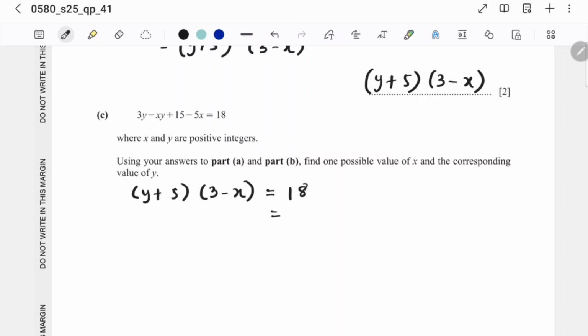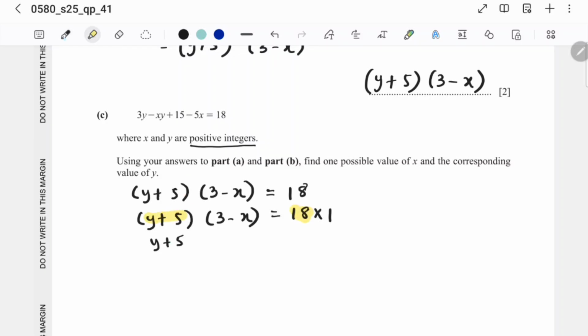And the possible values also are positive. Keep in mind, we can't take a negative one. So if I take 18 times 1 is 18, that is y plus 5 and 3 minus x.